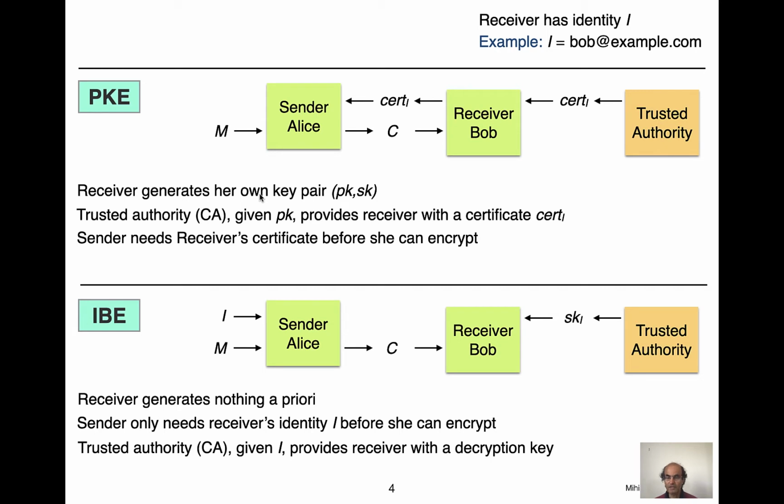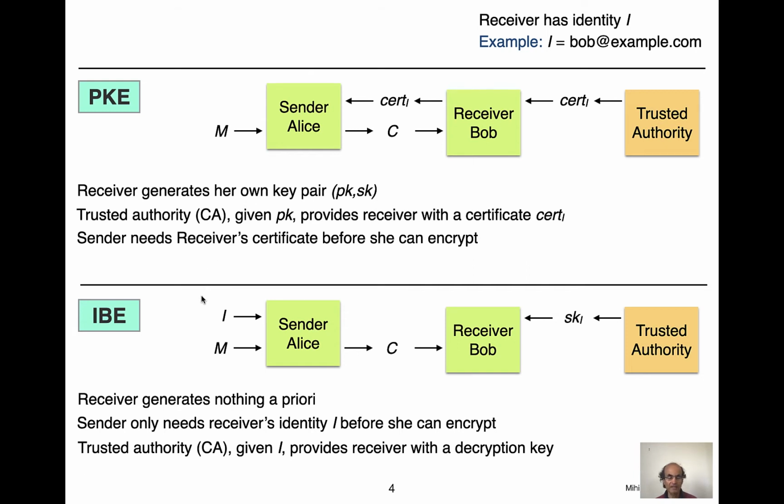How would Bob decrypt this? Well, for that, a trusted authority is invoked, and that trusted authority can provide Bob with a secret key associated to his identity. So he is bob at example.com, and the secret key is associated to that, and then using that, he can decrypt the ciphertext.